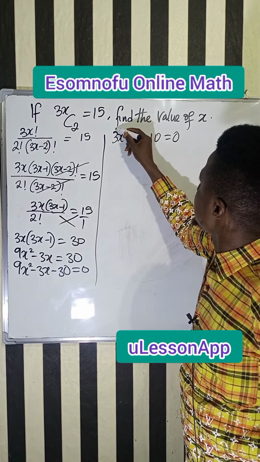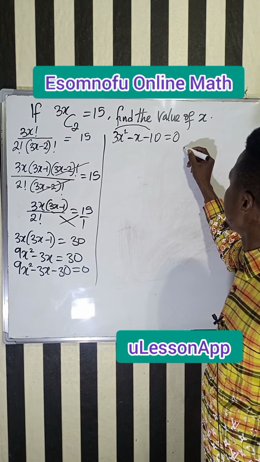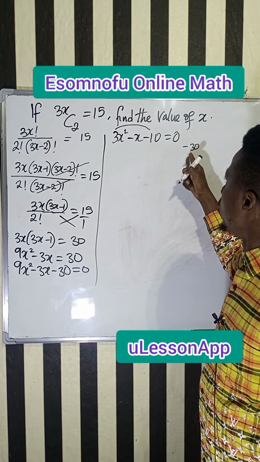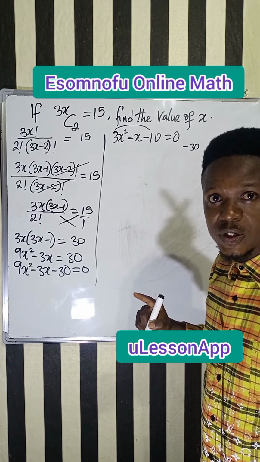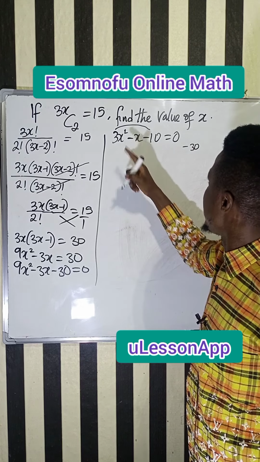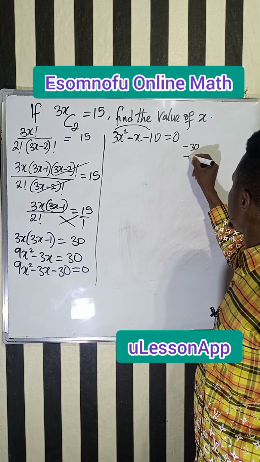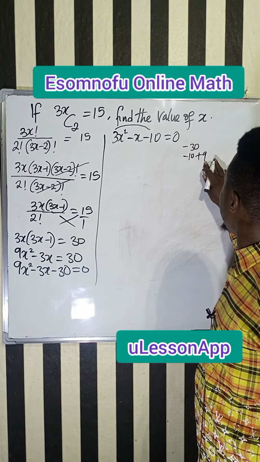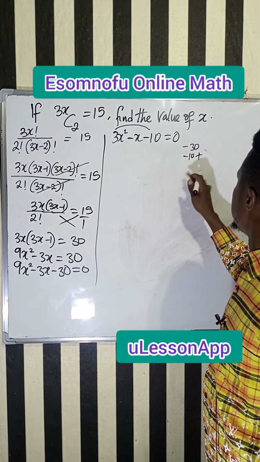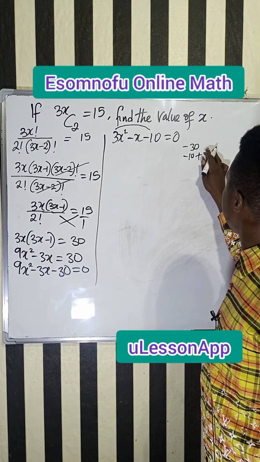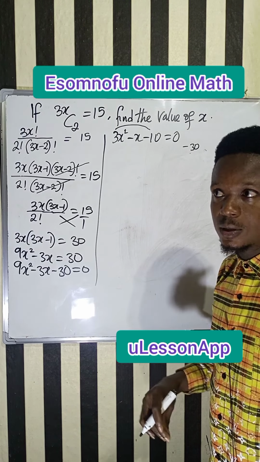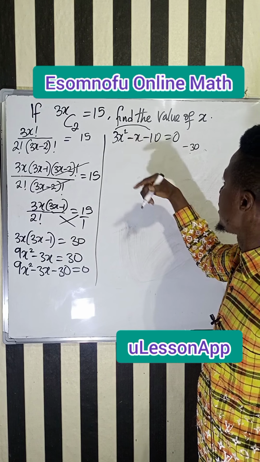Now, to factorize this, use this 3 to multiply this minus 10. It will give you minus 30. What two numbers will you multiply to get minus 30, and when you add them, you get minus 1? The coefficient of x here is minus 1. Let's check. Minus 10 and plus 3 will not work for us because it cannot give us minus x.